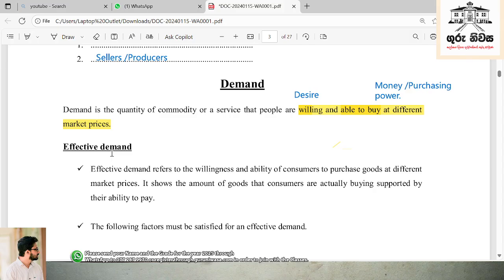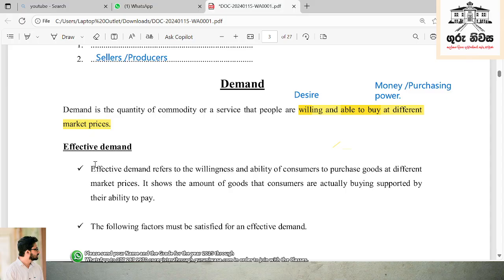The real purchase, the actual buying of something. Not like a dream. For example, I want to buy a V8 or a luxury apartment, but that is only a desire, it's not demand, lamai.